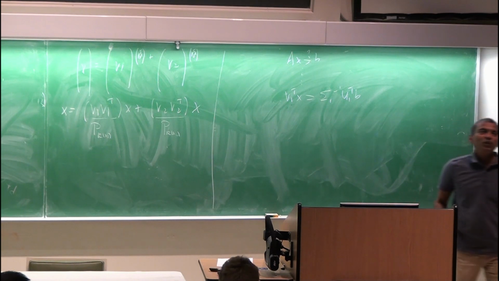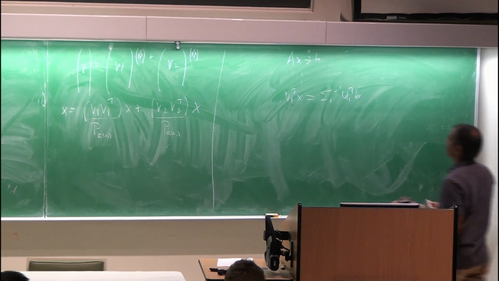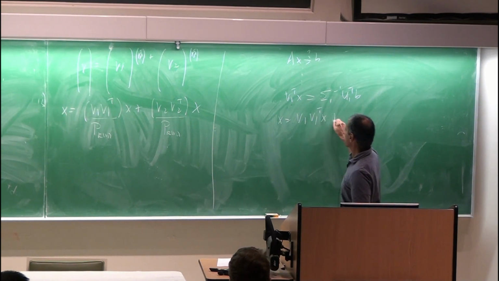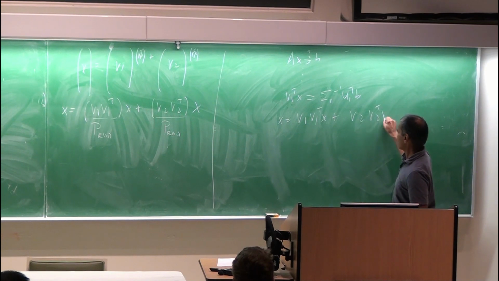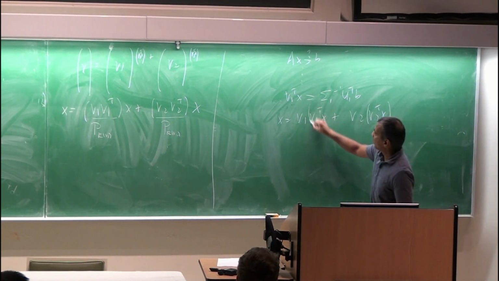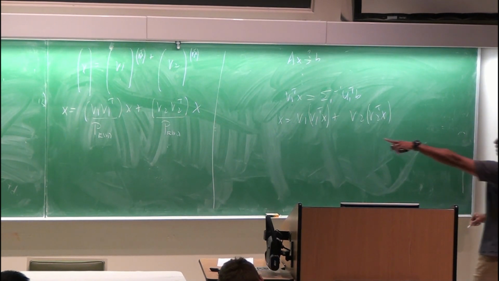And we said, how do I go back to X if I just know V1 transpose X, and now we know the answer, right? We can write X as V1 transpose X plus V2 transpose X. And we know that these numbers are independent of those numbers. We know that now from that expression over there.